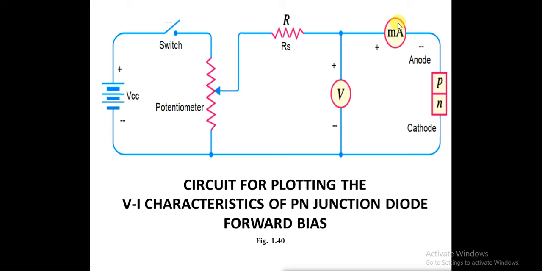The milliammeter is used to measure the circuit current, or the current flowing through the diode, and the voltmeter is used to measure the voltage across the PN junction diode. Here this voltmeter measures the voltage across the diode and not the supply voltage. This point is to be noted.